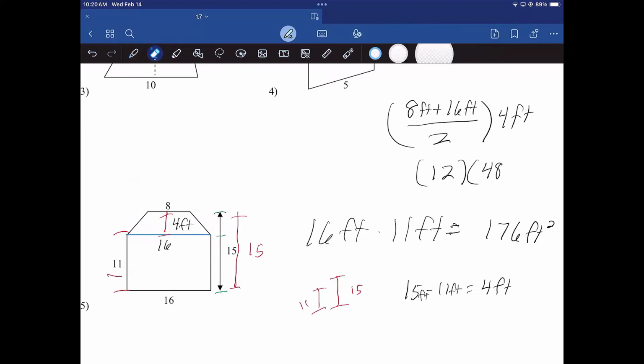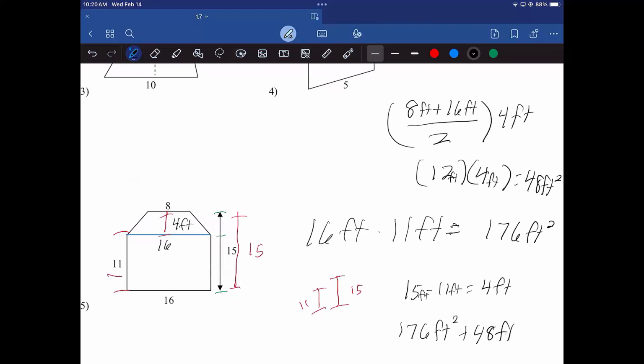Let's not do math in our heads. I will admonish you over and over again not to do it in your heads. For that reason, we get ahead of ourselves. 48 feet squared. So now I'm going to add 176 feet squared plus 48 feet squared.